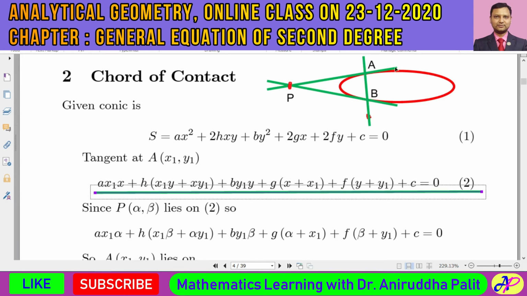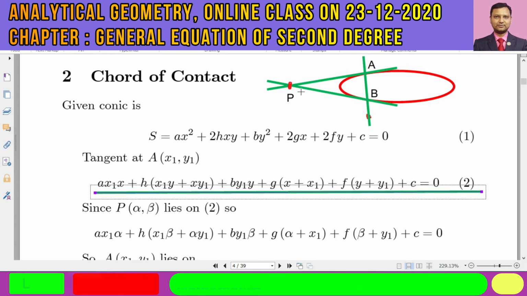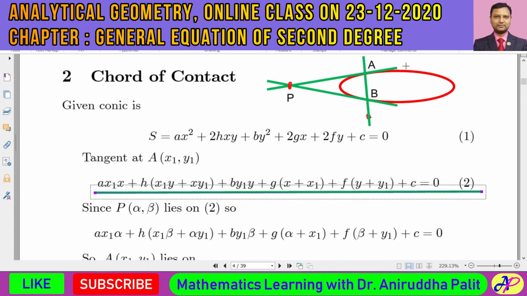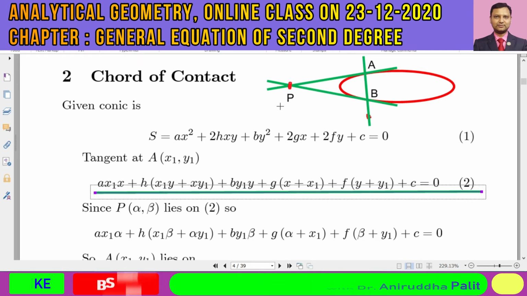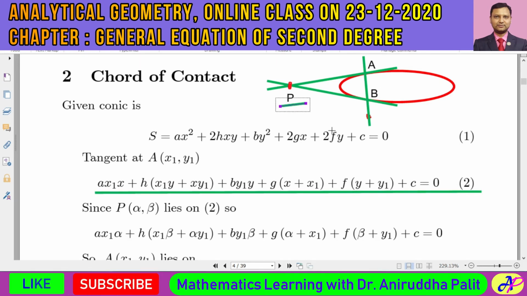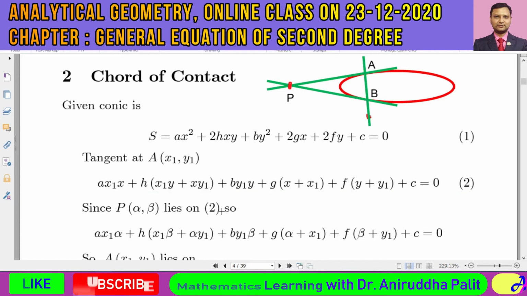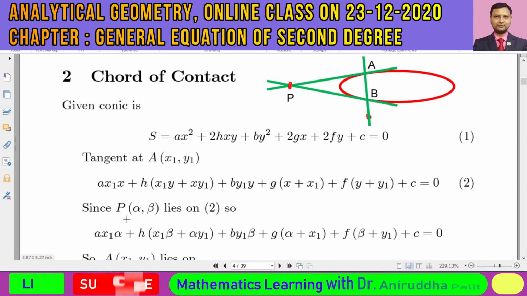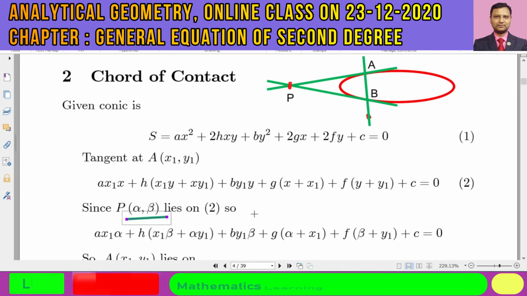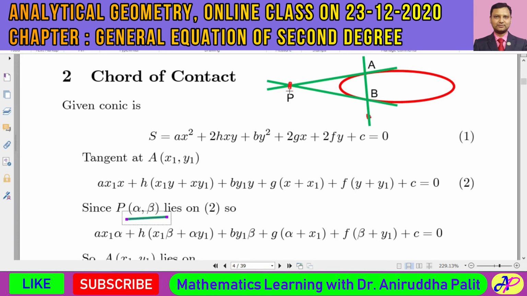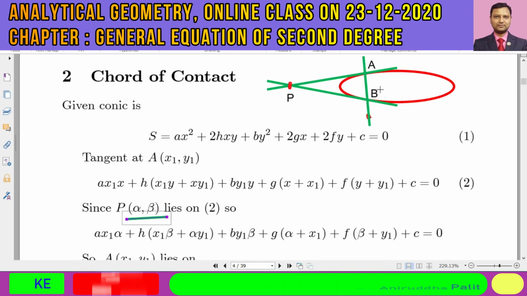So this is the straight line AP, that is the tangent at the point A. Now this tangent must pass through this point capital P. Therefore, the equation of this tangent has to be satisfied by the coordinates x is equal to alpha and y is equal to beta, because the point P lies on this tangent.